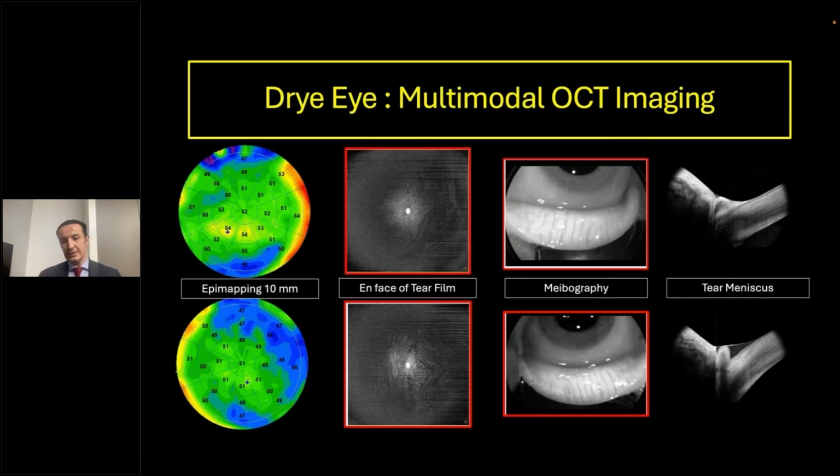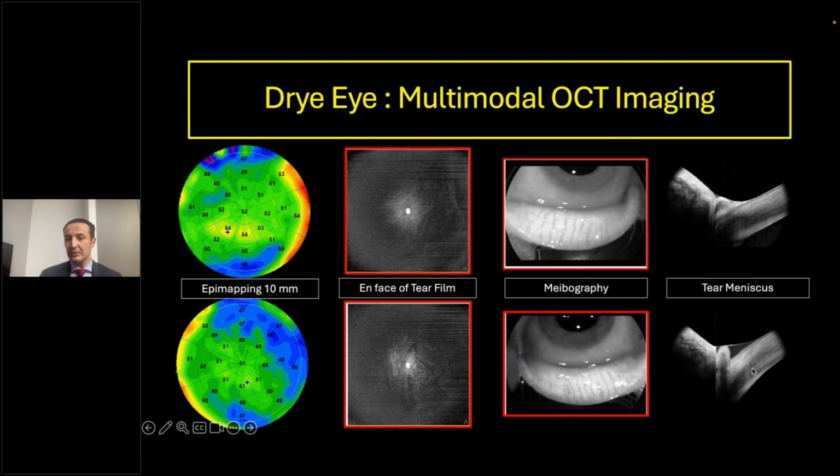And look here, another case of multimodal dry eye imaging associated with the EMPHAS OCT. We observe an instability of the lipid component of the tear film associated with the thinning of the epithelium, and correlated with the level of meibomian gland dysfunction.